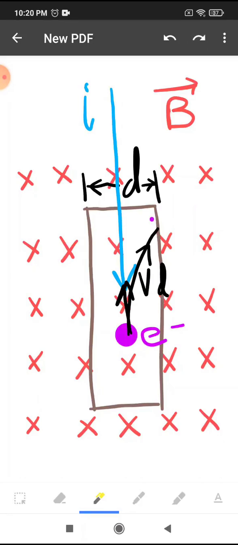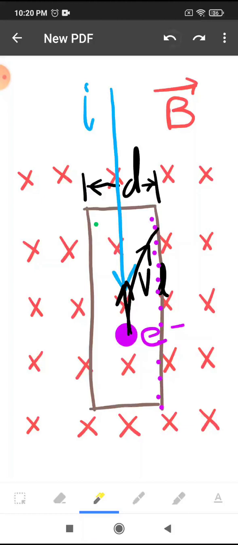Due to the drift of electrons, the right side of the conductor gets accumulated with negative charge. As you can see, electrons are getting accumulated on the right edge of this conductor, and they leave the uncompensated positive charges, the fixed ions rather, which were initially on the left side.